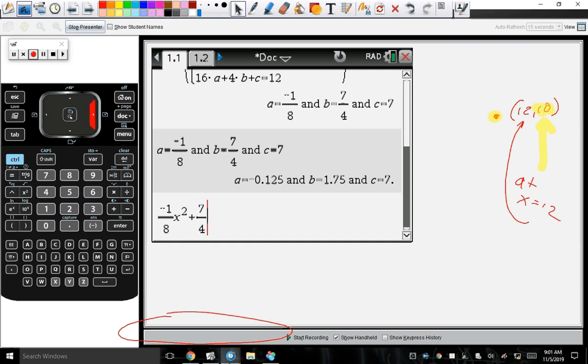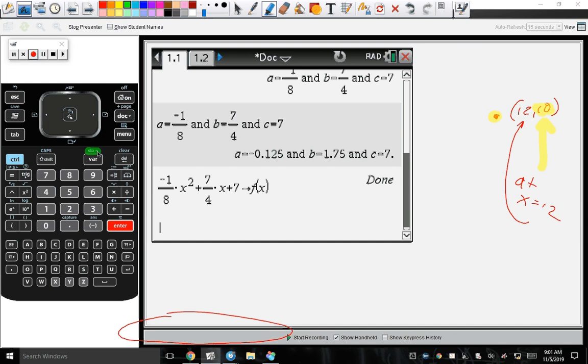So we have 7/4 x, make sure you write an x there, and then put +7. This is my f of x, okay? So if I control, press it with me, the blue button, var, it accesses this store feature right there. And I'm storing it as f of x.